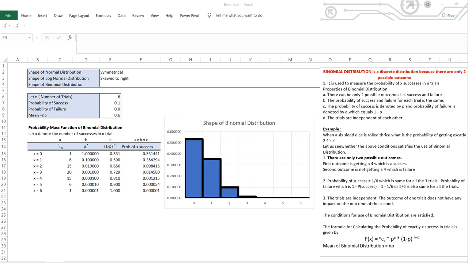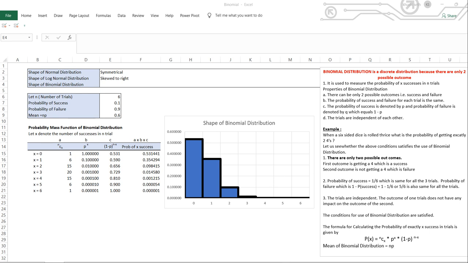There are only two possible outcomes. The first outcome is getting a 4, which is a success, and the second outcome is not getting a 4, which is a failure. The probability of getting a 4 on a roll of a six-sided dice is 1 by 6.